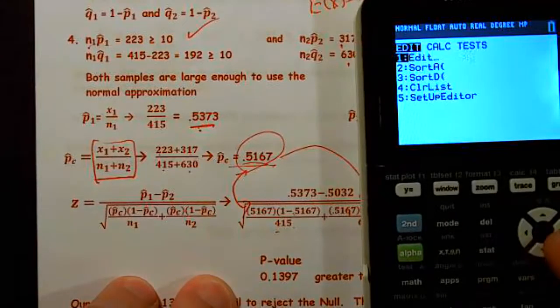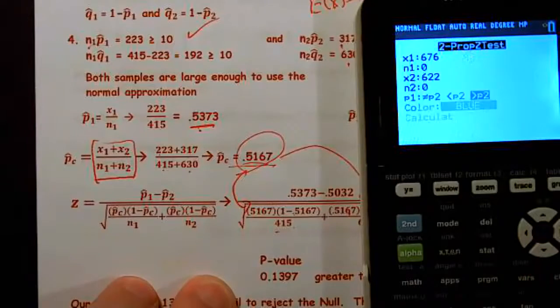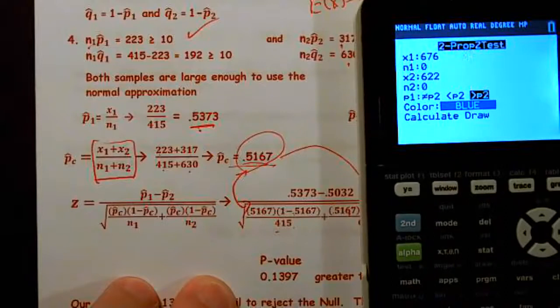So stats test, two proportion z-test. And my sample for the first one, we had 223 out of 415.